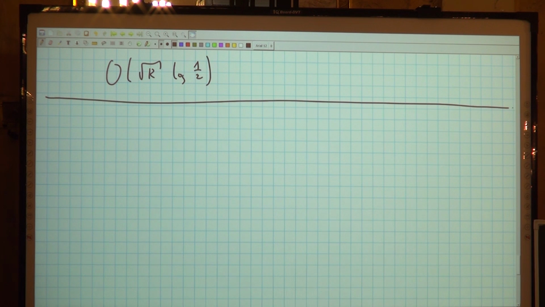So imagine I give you my matrix A that looks like that.